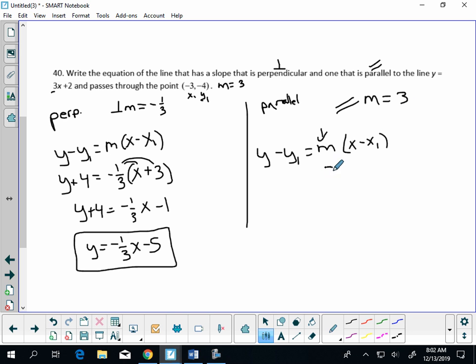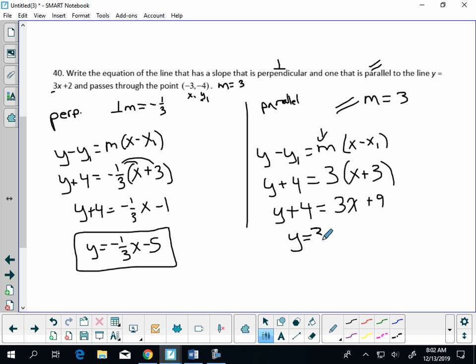My slope is 3. So it'll still be y plus 4, and then x plus 3. Go ahead and distribute. Subtract 4. And there it is.